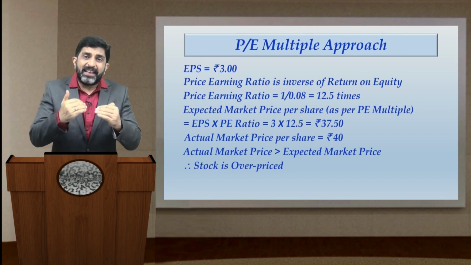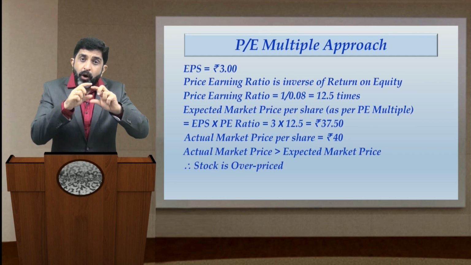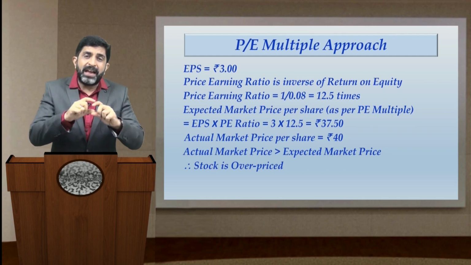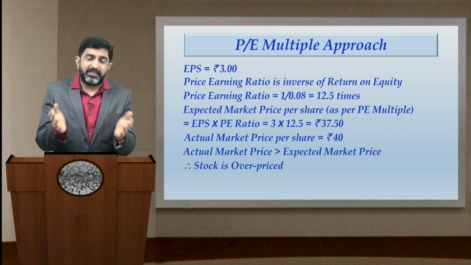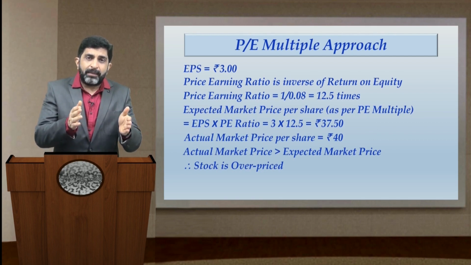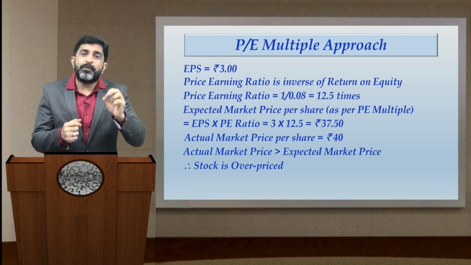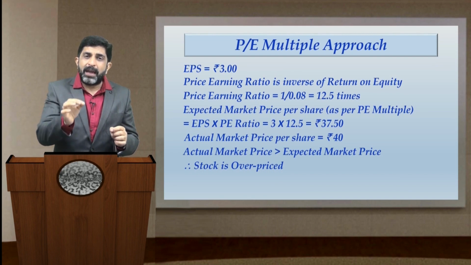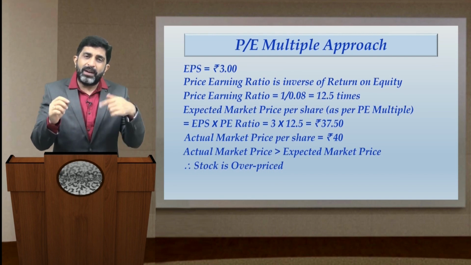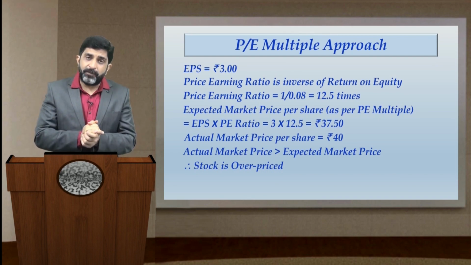That means the price earning ratio, the ratio of market price per share to earnings per share, would be 12.5 times. That 12.5 times you can directly figure out by taking the inverse of 8%. So pick your calculator, 1 divided by 0.08 will directly give you 12.5 times.